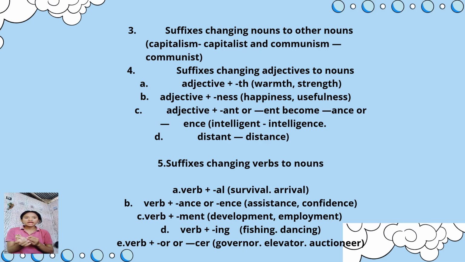And then suffixes changing nouns to others, like capitalism becomes capitalist, and communism becomes communist. And suffixes changing adjectives to nouns: adjective and th become warmth and strength, and adjective and ness become happiness and usefulness.